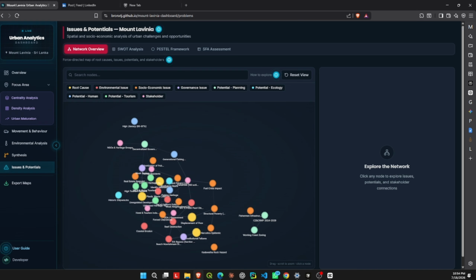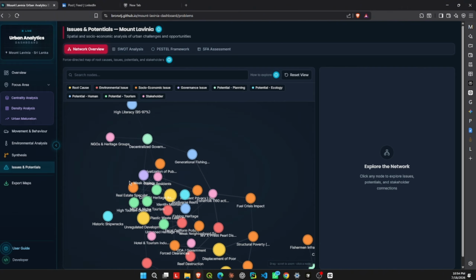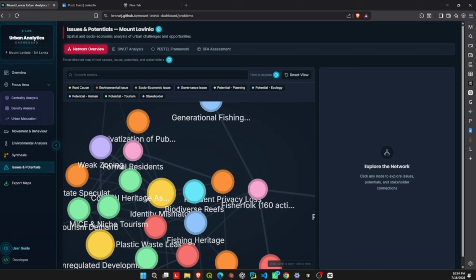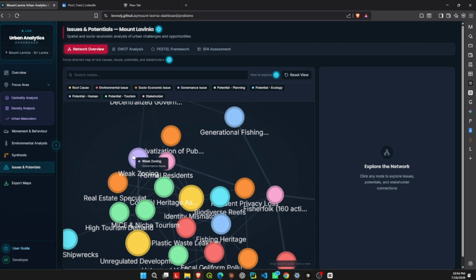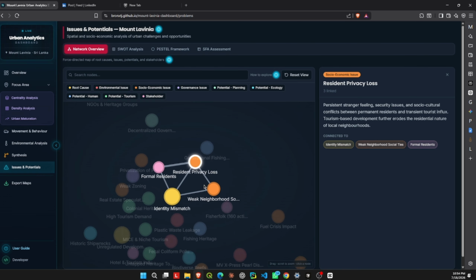So first one is the network overview. The network overview shows an interactive relationship web with about 40 nodes. I guess it's 38 to 39 actually. Once you click there, you can see on the right side it explains the issue, right?